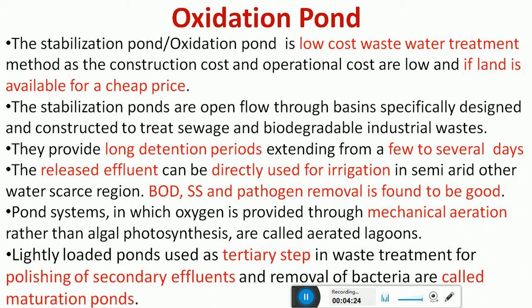Note that oxidation pond, oxidation ditch and aerated lagoon terms are used interchangeably. If it is a simple pond, then we call it an oxidation pond. It is similar to a natural lake, but it is artificially constructed to degrade the wastewater over a period of time and make it less harmful, so that the water can be used.